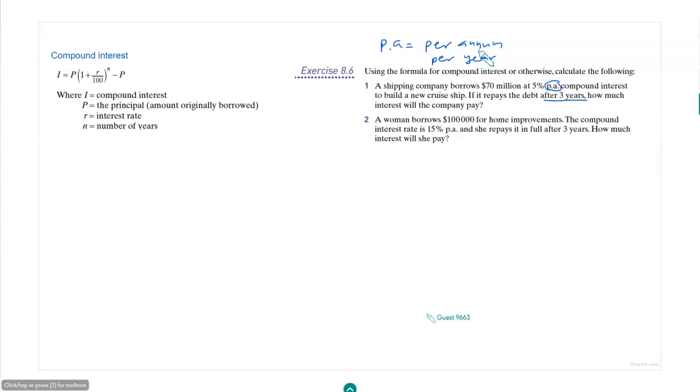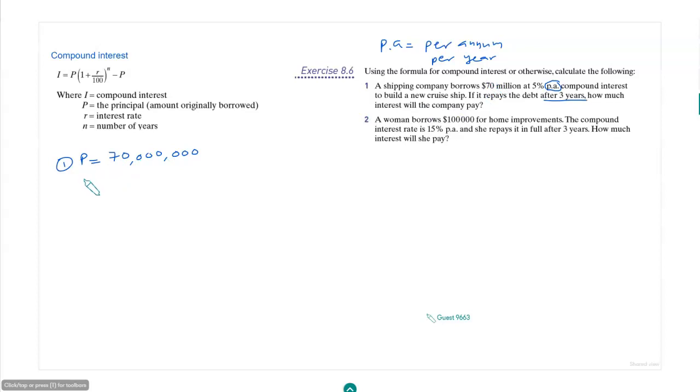So here what is the principal? 70 million, right? 70 million is how many zeros? Like this, 70 million.